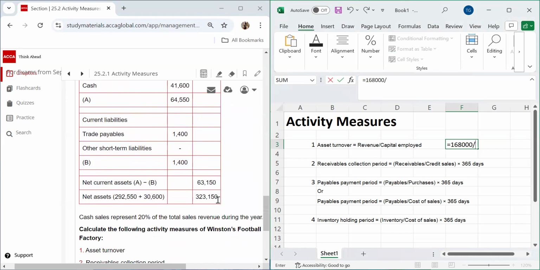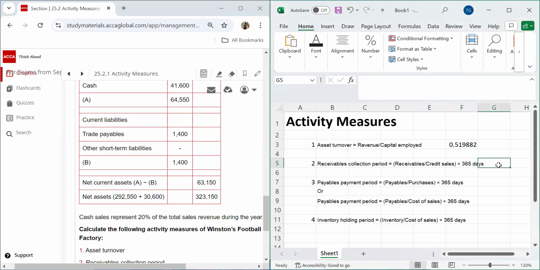So we are again given this figure, 323,150. So this figure is your asset turnover ratio. That means for every $1 that you had invested in the business, you were able to generate roughly 0.52 of sales because of investing that $1 in the business.